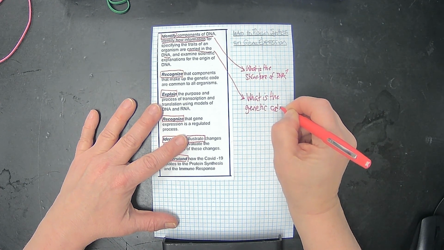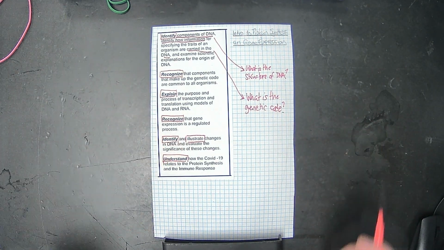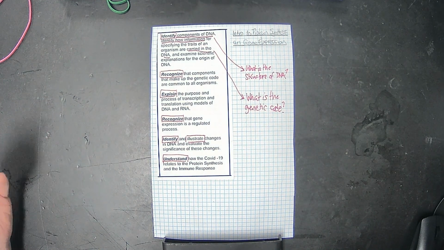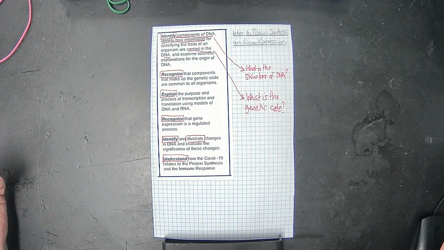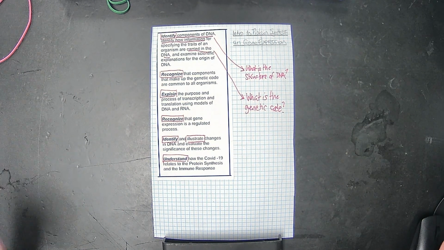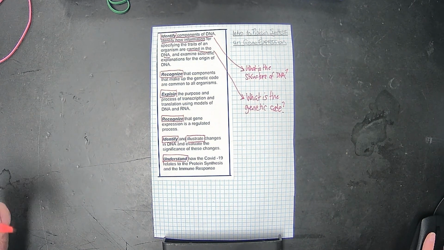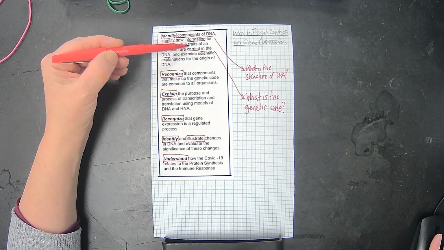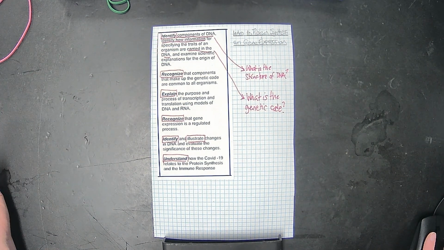We use this phrase all the time. We talk about, oh, DNA is your genetic code. What we're going to do in this unit is actually look at what is our genetic code. What is it in the DNA that specifically codes for these traits or characteristics of an organism?